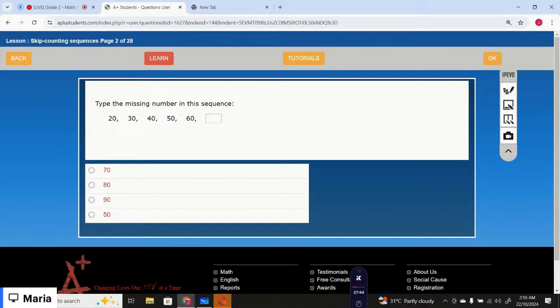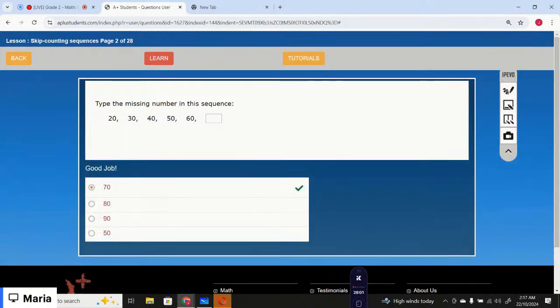So 20, 30, 40, 50, 60, and the next one is 70. The correct option is 70. Option number 1 is the correct option.